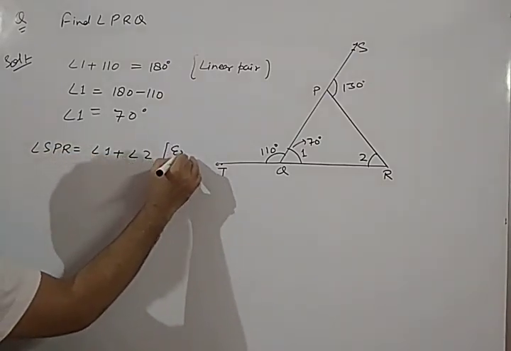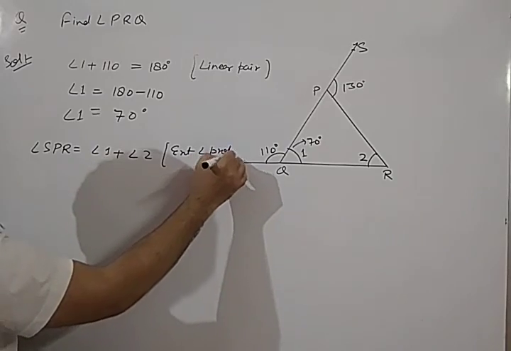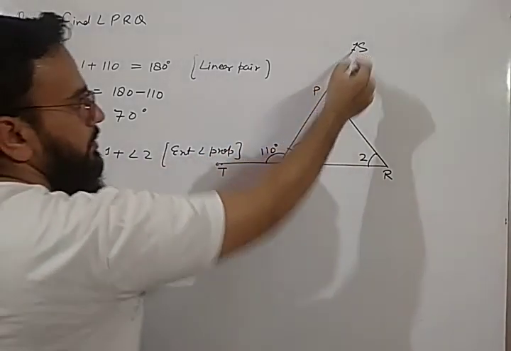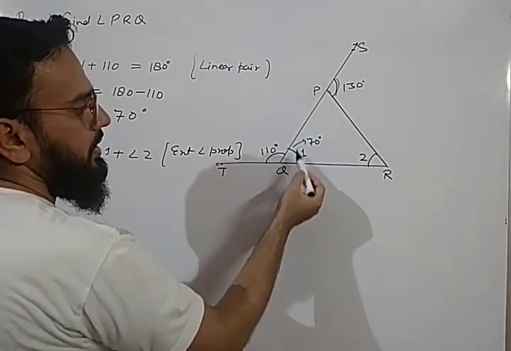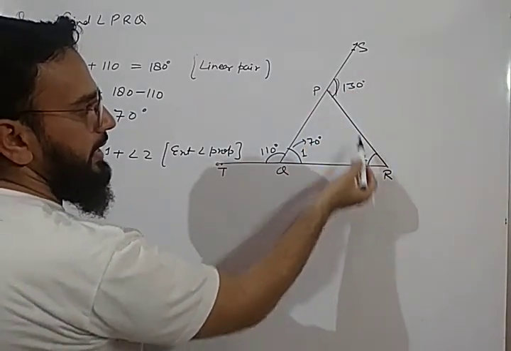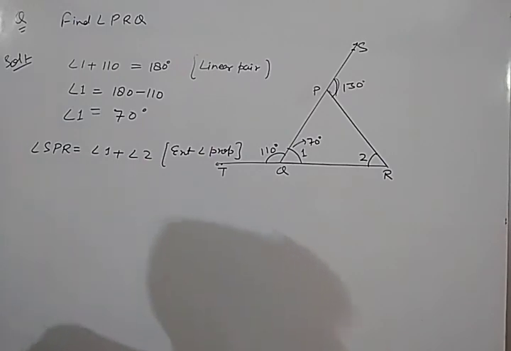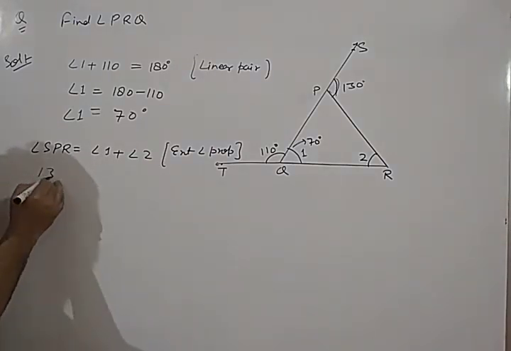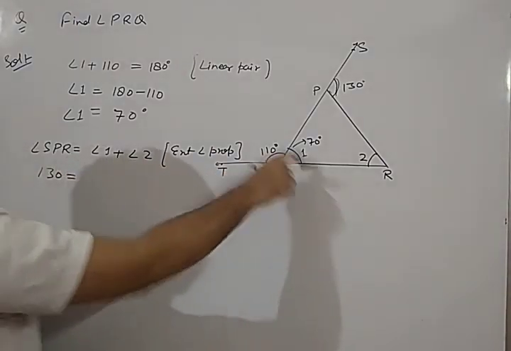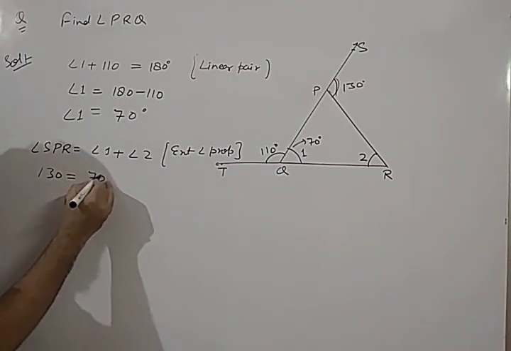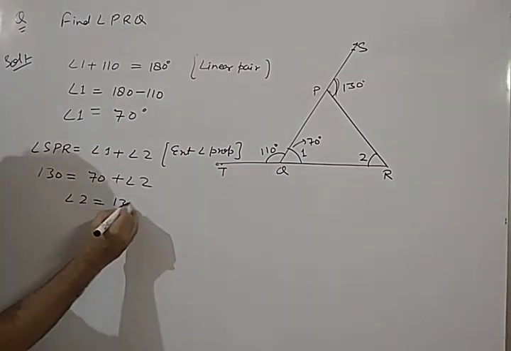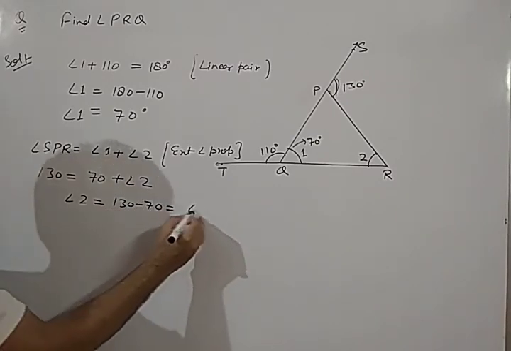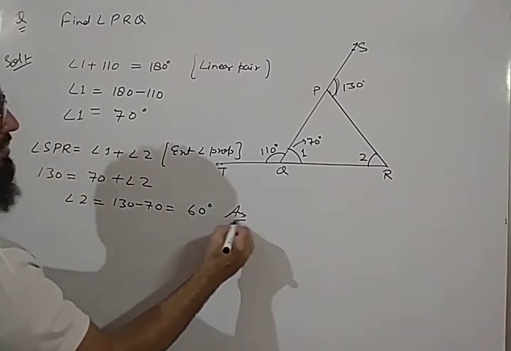Angle 1 plus angle 2 will be equal to 130 degrees. So 130 is equal to angle 1, which we already got as 70, plus angle 2. So angle 2 will be 130 minus 70, which is 60 degrees, and that is our answer.